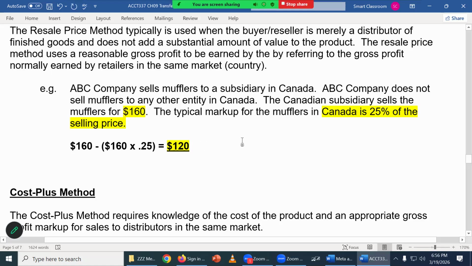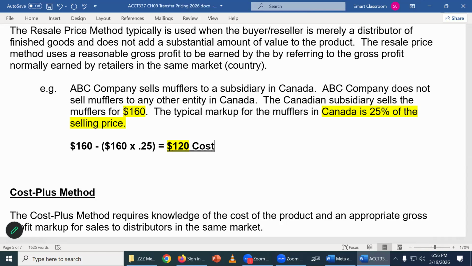So this is the markup. So this would have been the calculated cost we have anyway. This is what we would sell it to them for. Our selling price to them would be their cost, 120. What would be the markup on the cost? Well, to get to 160.